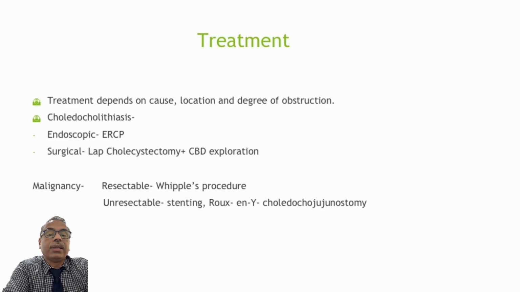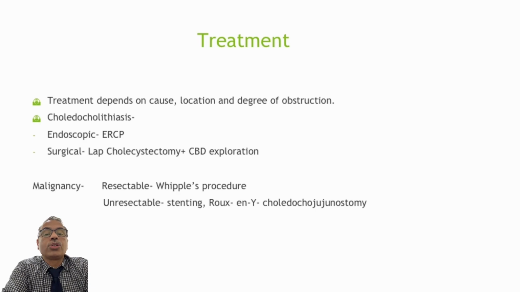If all these criteria are met, then we can classify that tumor as resectable, and the patient, especially in CA head of pancreas, would undergo what is known as Whipple's procedure or Whipple's pancreatico-duodenectomy.